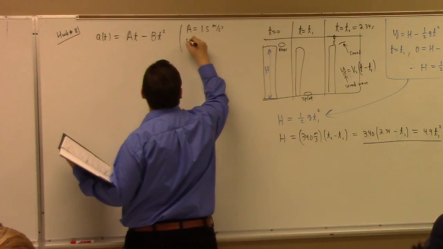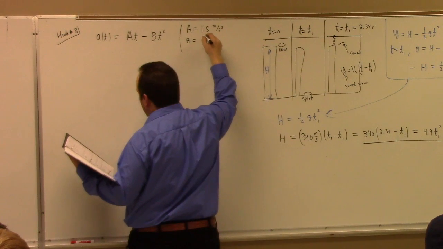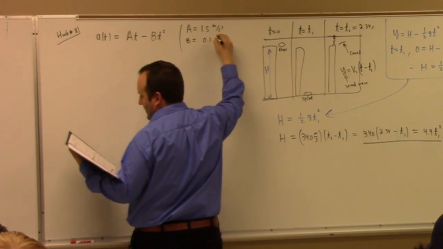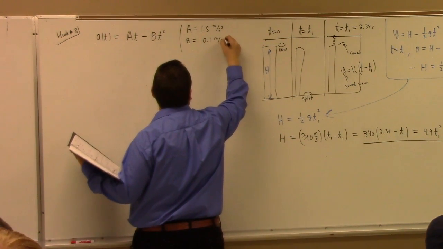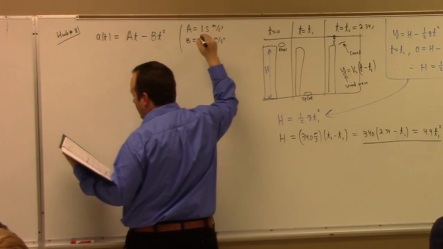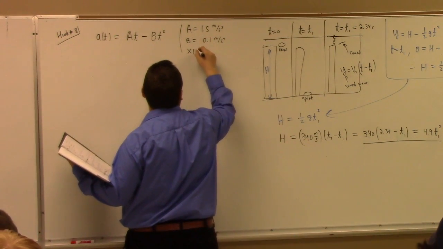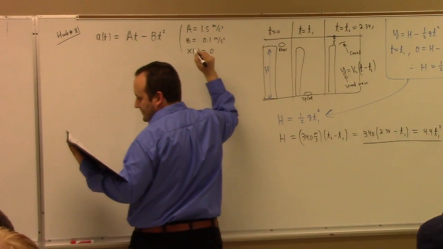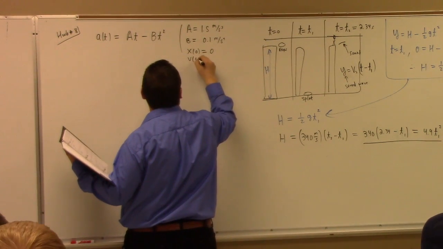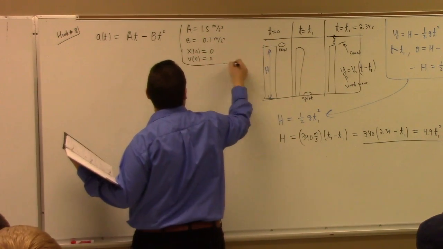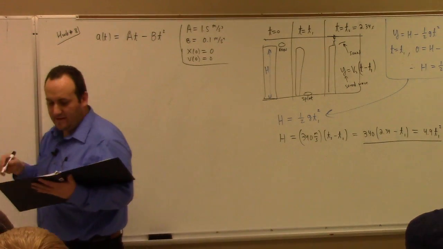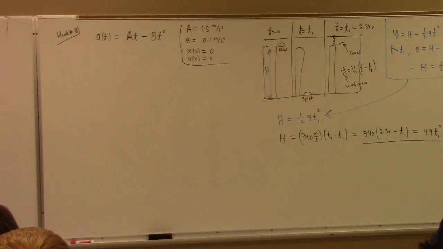B is 0.1 meters per second to the 4th. And we're also given that x of 0 is equal to 0, and v of 0 is equal to 0, because it says it's at rest at the origin at time 0. We're supposed to find the position and the velocity as a function of time and then calculate the maximum velocity it attains.